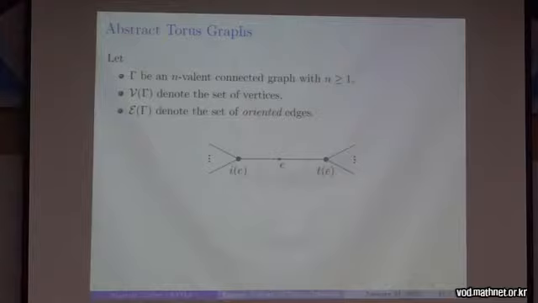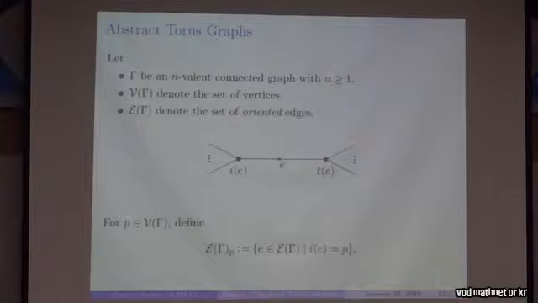Now, Maeda, Masuda and Panov, after GKM, decided to abstract the notion of torus graph. So you just take your abstract n-valent graph with its set of vertices and its set of oriented edges, so each edge appears twice in the set E of gamma.